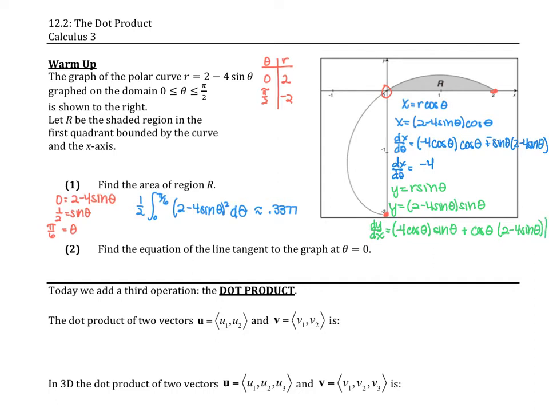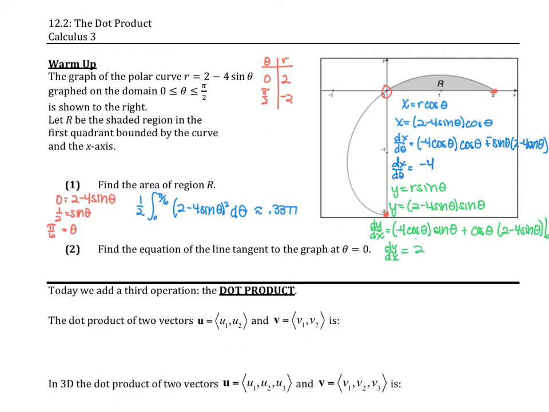All of this evaluated at 0. If I substitute 0 in, we get negative 4 times 0, that goes away. Then we get 1 times 2, so dy d theta equals 2.